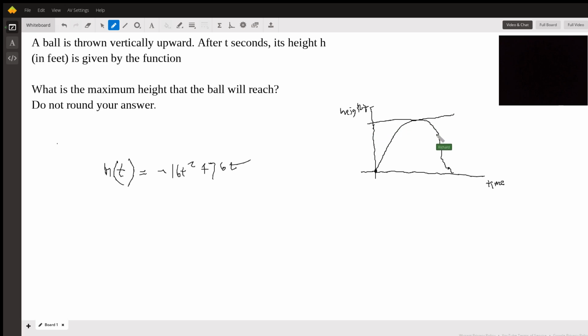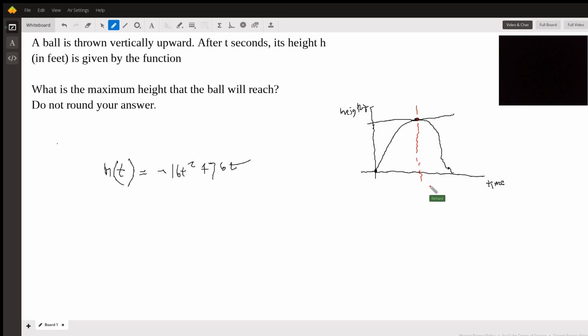So basically, we need to find the vertex of this parabola. Let's use the magic formula, which I'm going to put in red. Something that I really strongly urge you to memorize is something I always put in red.